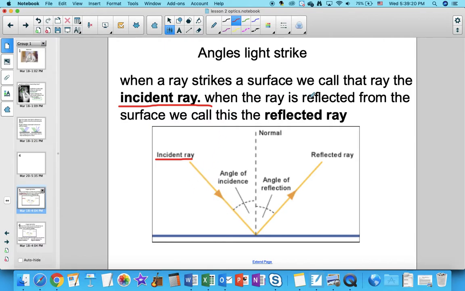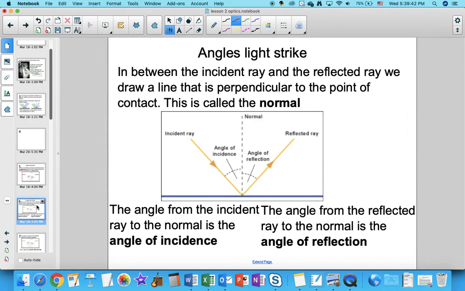When the ray is reflected from the surface, we call that the reflected ray. So this ray is coming off the surface, so it's the reflected ray. This is coming from the source, the incident ray. This is coming off the surface, the reflected ray. You may also see angle of incidence and angle of reflection, and we'll be talking about that in just a moment.